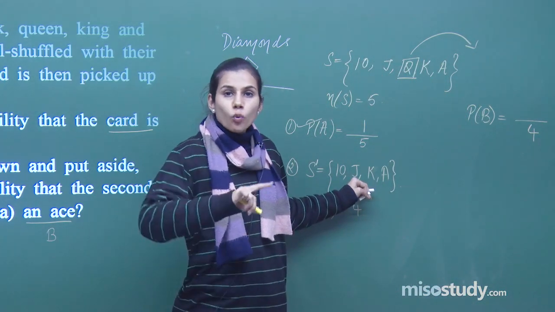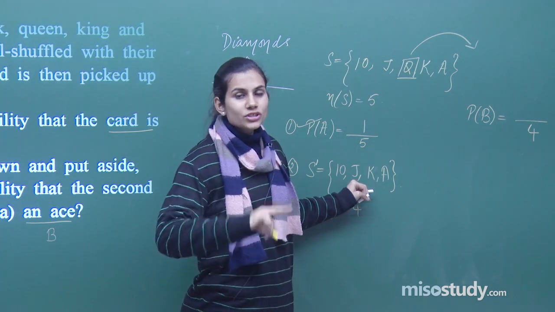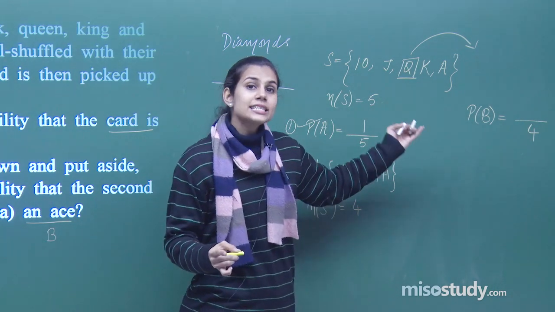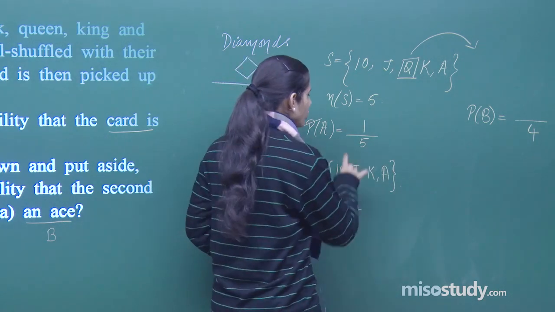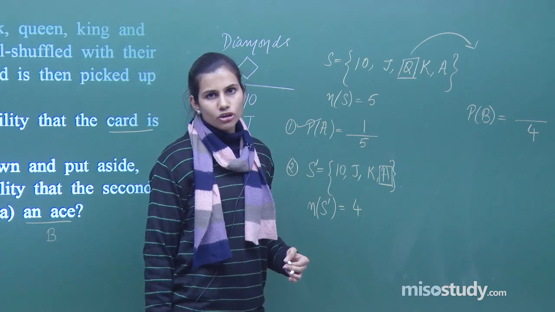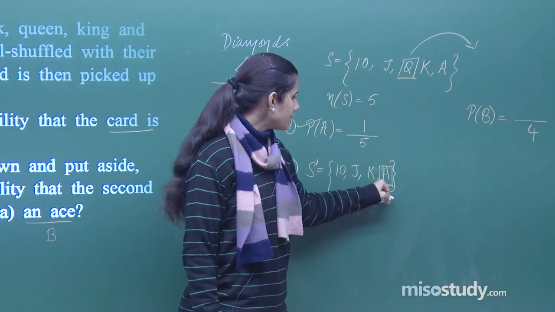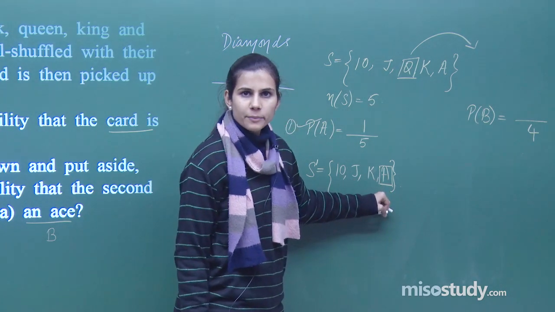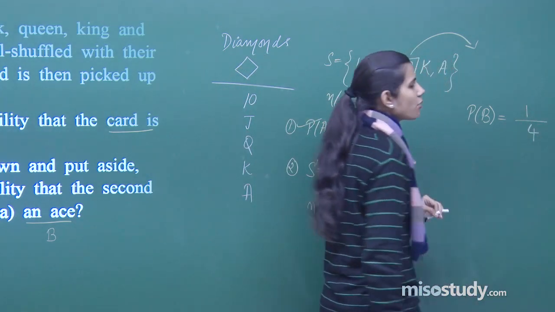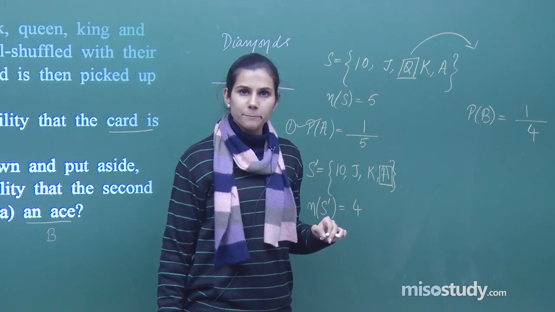Which outcome, if it comes up, means that ace is popping up? Of course, out of all these, only 1 ace of diamonds is there. So out of these 4 possible outcomes, only this outcome, if it comes up, is going to favor event B. So 1 by 4 is the probability of occurrence of event B.